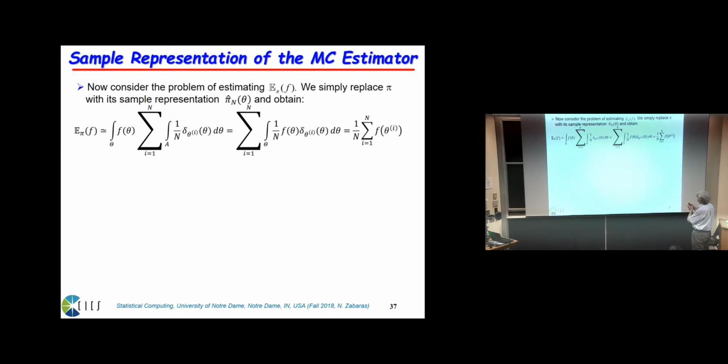I have these delta functions. Now you remember from calculus, when you integrate a function, you have this delta function centered at the point theta i. What you actually get is f at theta i, because the delta function is zero everywhere else, and it has infinite support basically at that point, and when you integrate it, you get 1. Makes sense? That's the whole idea, right?